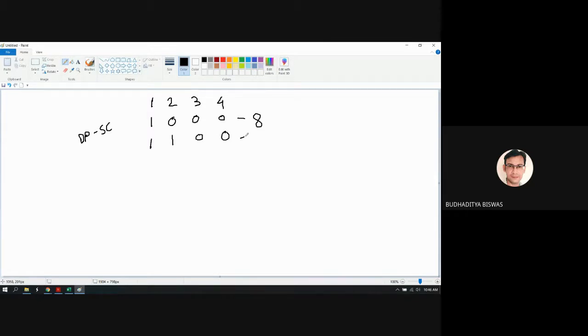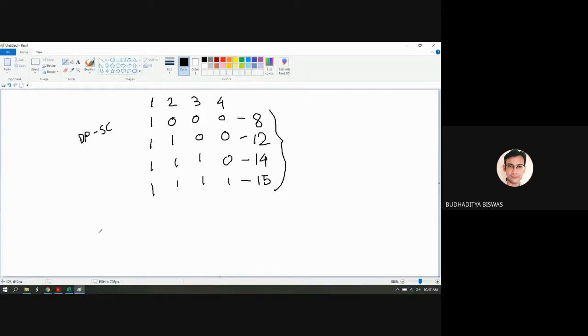So what is the value of 1, 1, 0, 0? It's equal to 12. Then 1, 1, 1, 0. What is this one? 14. And at last, we give the 1, 1, 1, 1. That means it is 15. So here you see that if the load demand is varying from 8 to 15, that is a huge range. So if the load demand is varying rapidly, then only we can use the DPSC method.